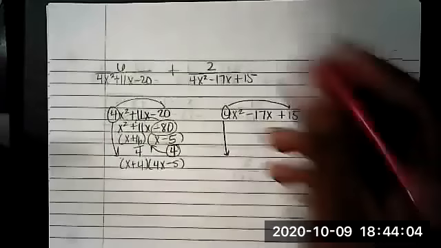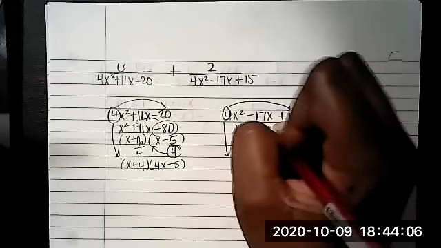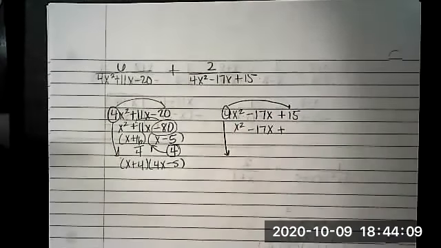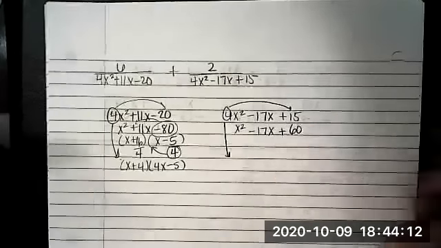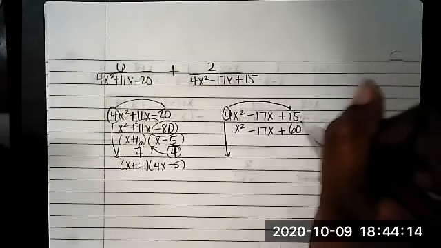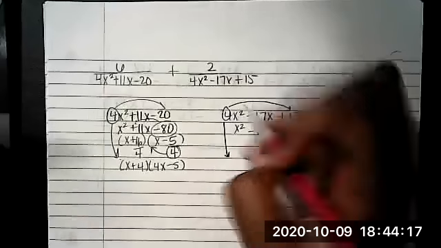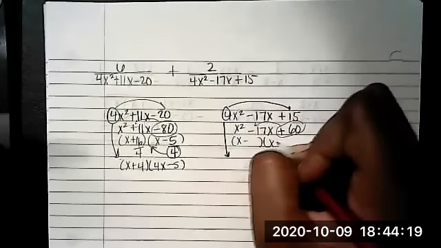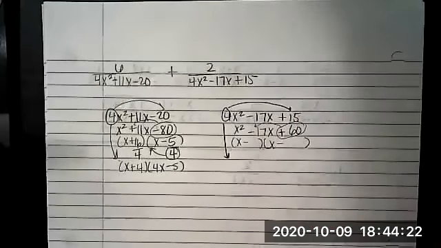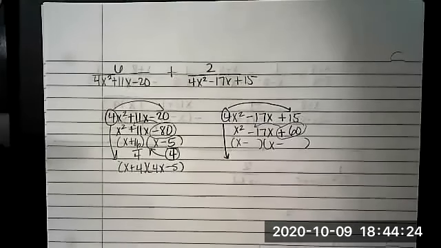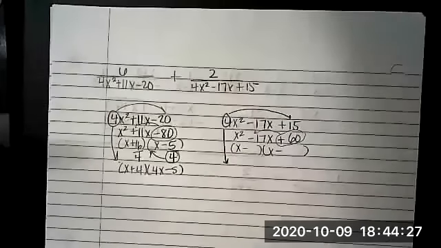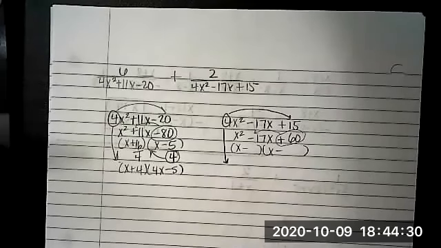Okay, so let's do these. X squared minus 17x plus 15 times 4 is 60. Same or different signs? Same. Both of them are going to be negative. So it's going to be x minus. Multiples of 60 that add to give you 17. I know it's 6 and 10, but that's not true. 60 divided by 2 is 30, that's not it. 60 divided by 5, maybe 5 will work again. 5 plus 12 is 17. Perfect.